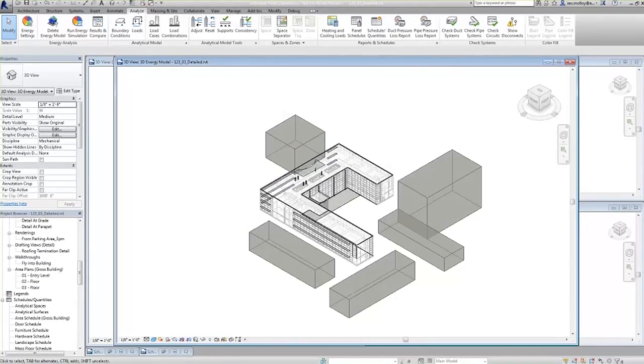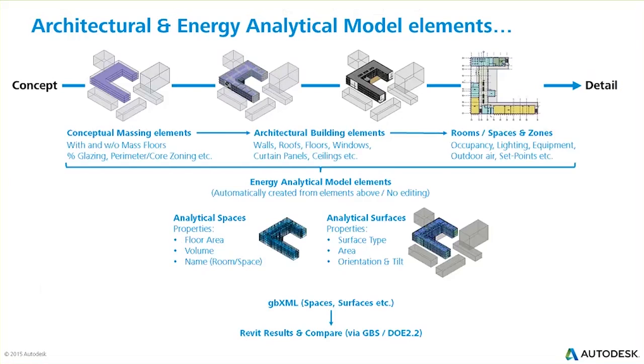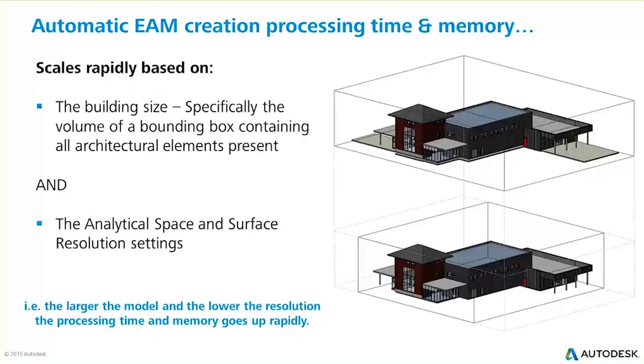So what I'm going to do now is, that's all great stuff, but I did want to make you aware of a couple of the limitations that are still there. One thing to be aware of is that the energy model creation, in terms of the processing time, does scale with size. So the larger your Revit model and the higher your resolution, the longer it will take. This is illustrating how, based on, imagine a bounding box around the building.